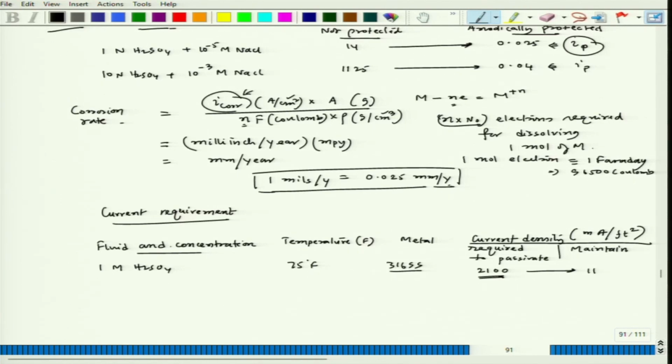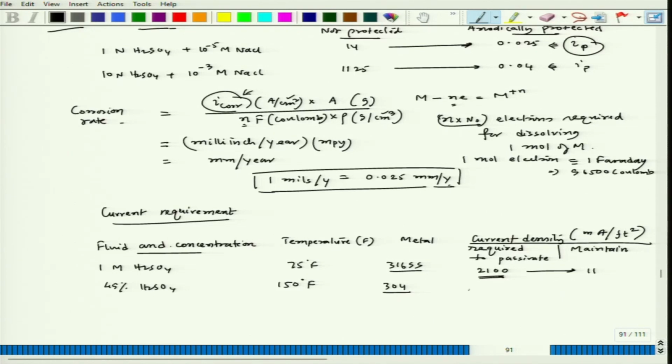Then we can think about one example, let us say 45% H2SO4, and when you talk about temperature, if we increase temperature, most of the time corrosion rate increases. Now, this is in case of 304, which is austenitic stainless steel, 18 chrome and 8 nickel.